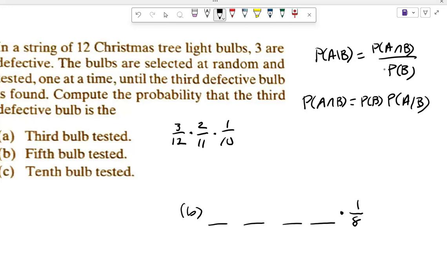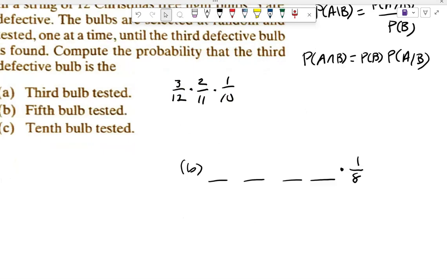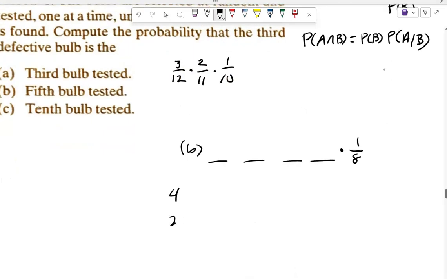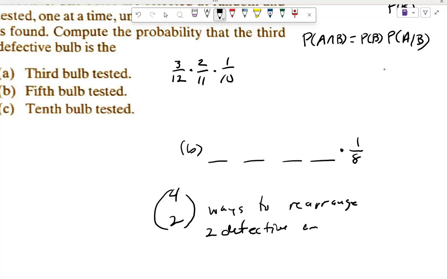Not worrying about the probability, I'm looking at number of ways. What's the number of ways you can pick 2 defectives out of the first 4? It's 4 choose 2, right? So there's going to be 4 choose 2 ways to rearrange, essentially, 2 defective and 2 non-defective.